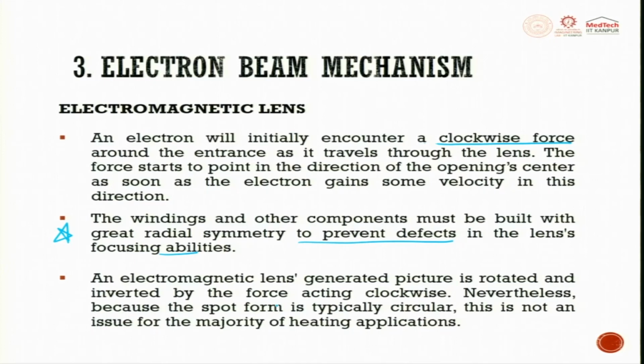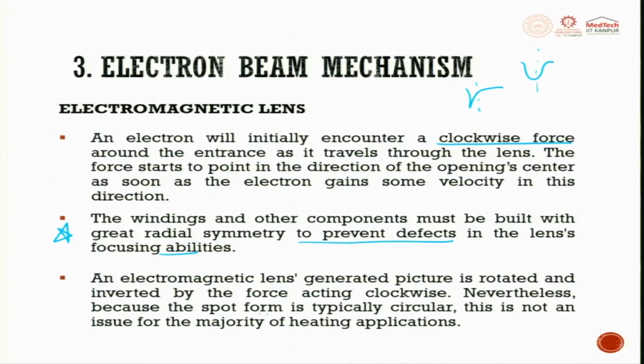There should not be any imbalance in the spot focusing. We always assume the spot is a Gaussian distribution, but it can also have skewness. If you have skewness, then it becomes very difficult to get a good quality output. An electromagnetic lens generated picture is rotated and inverted by a force acting clockwise.